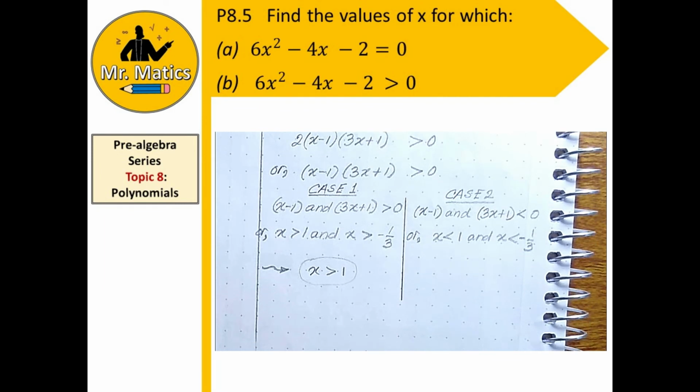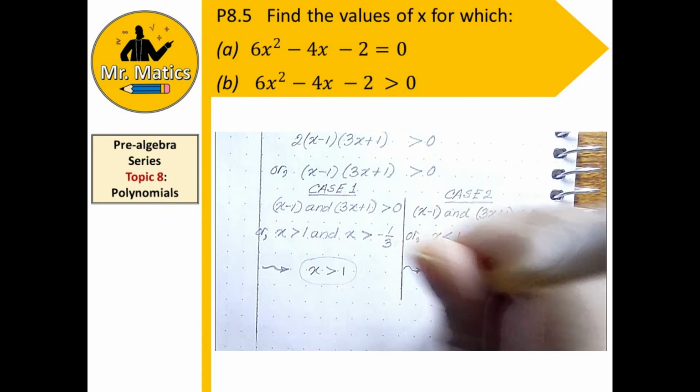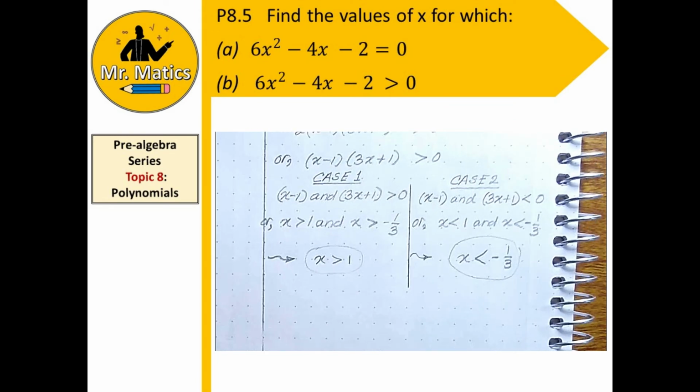Now if you look at it, if they together have to be true, then it implies that x is less than minus 1/3. So x less than 1 will happen when x is less than minus 1/3. So this is the other solution.